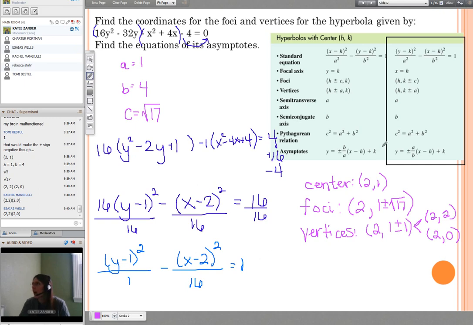Awesome. And besides the foci and vertices, they want the equations for the asymptotes as well. So let's see, we got y equals plus or minus a over b.